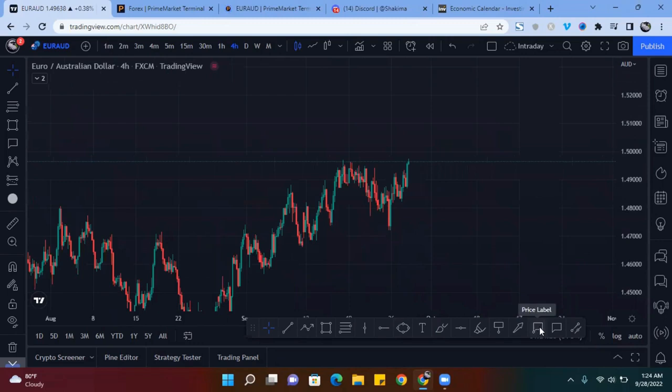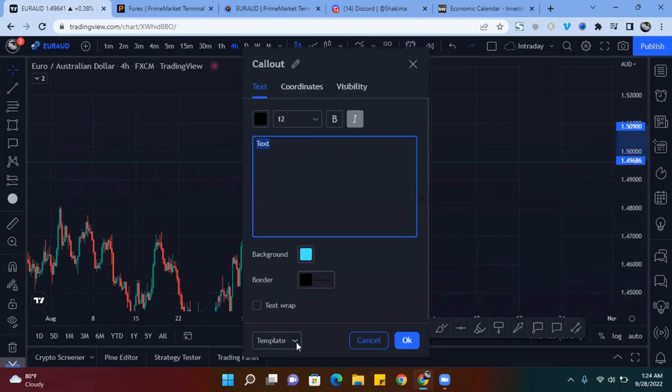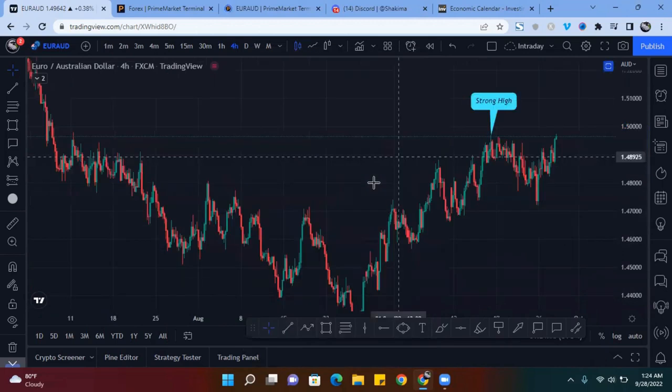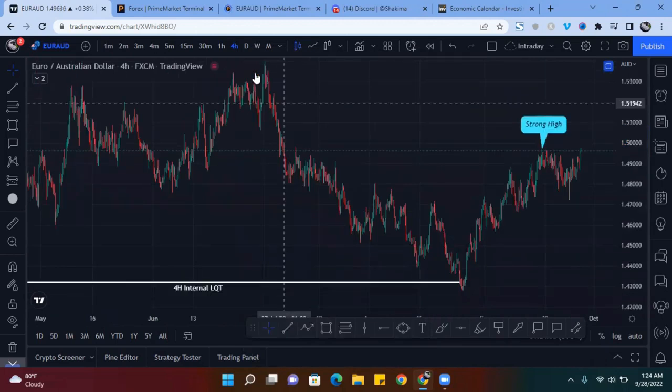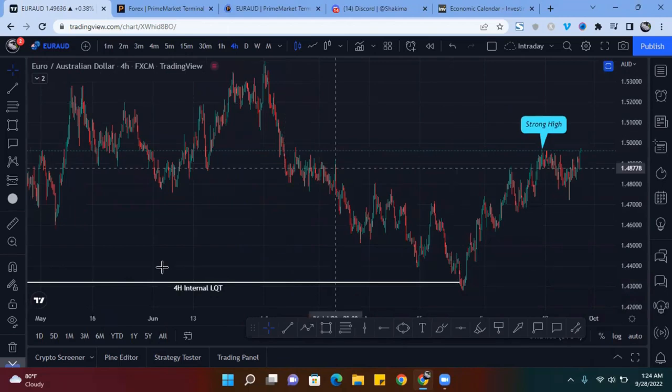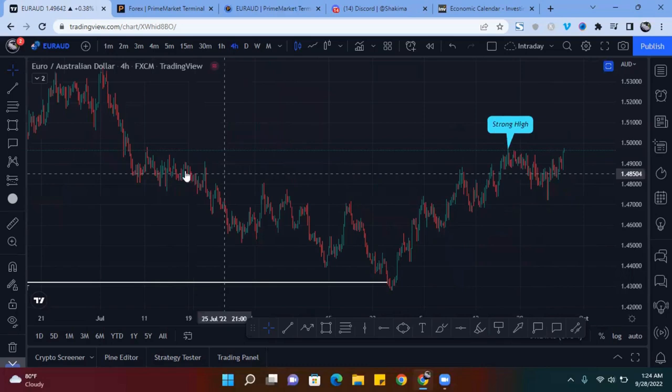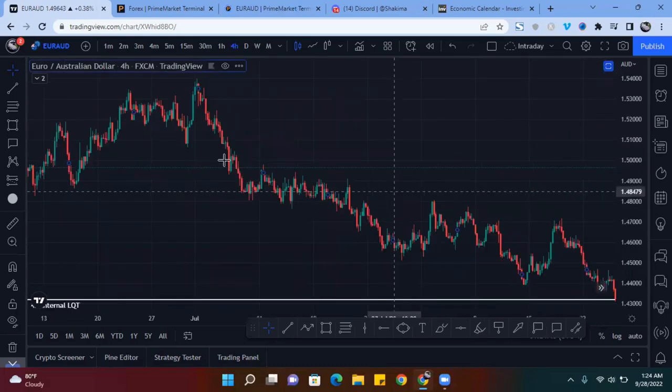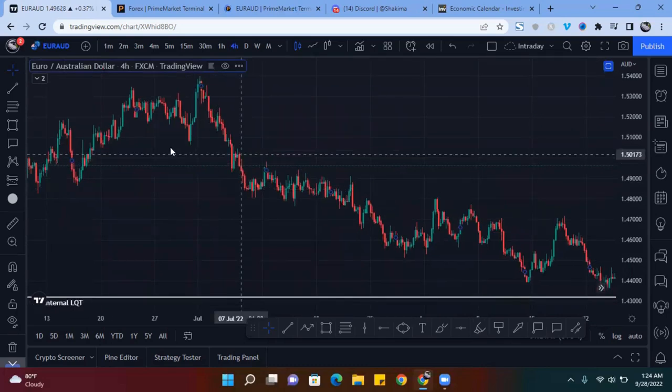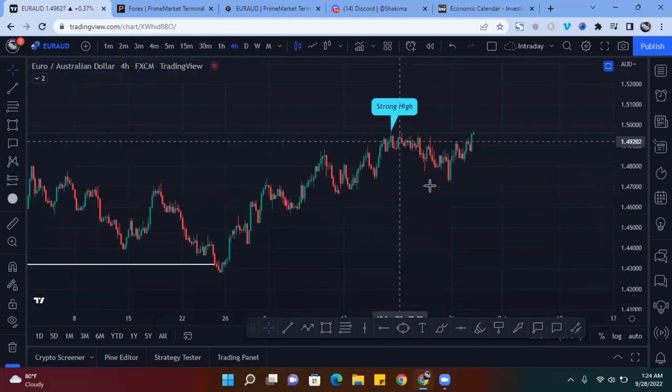If it hasn't already been posted, I will use the impulse move that took the liquidity, and it's going to be tracing into some type of institutional footprint within that leg. In this case, you can see this big impulse leg right here that took the internal liquidity. It did respect pretty much an order block right here, and then kind of rejected right there.